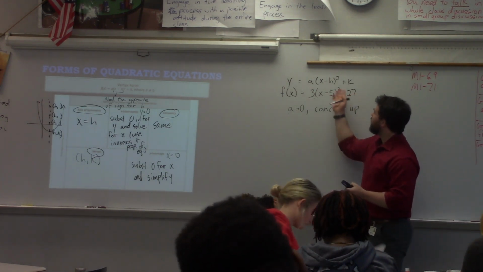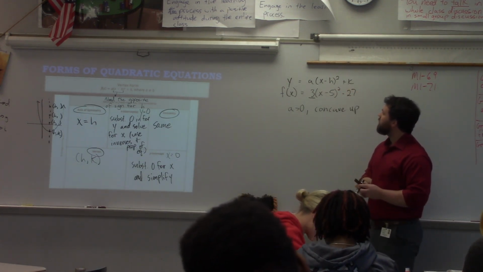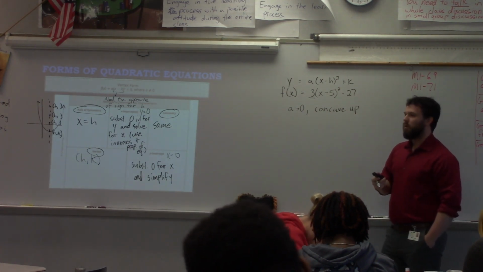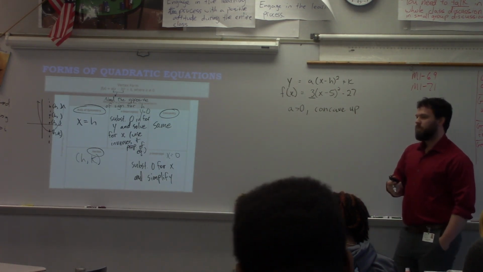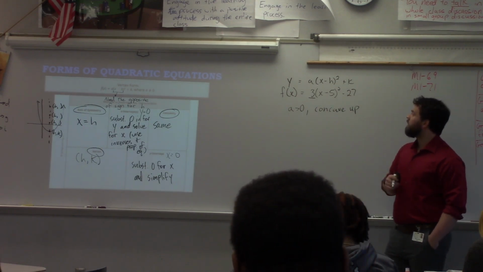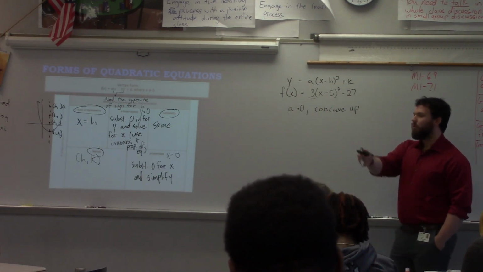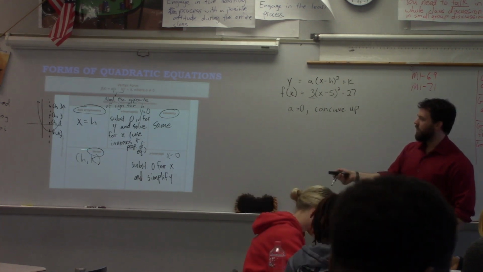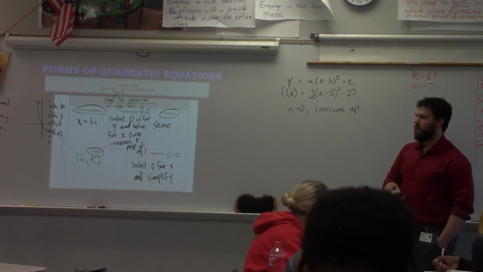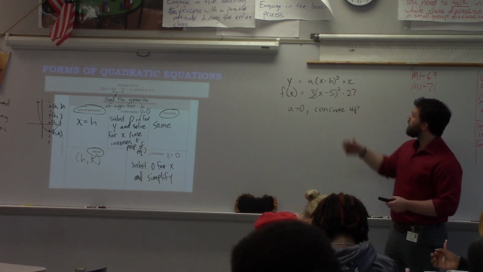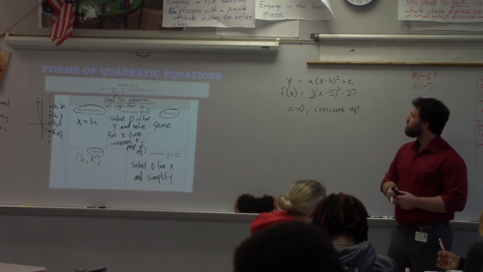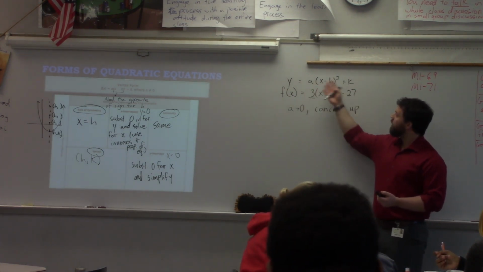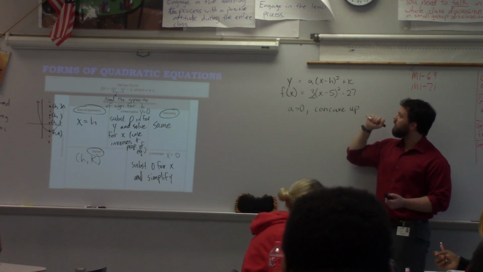Okay, so Desiree, look back again. Which of these values define the vertex, right? A was the concavity. The vertex comes from what? Okay, that's part of it. Look at what we've written for vertex here. What does it say? H and K, right? So what's my H? It's the x value of the vertex, but look right here. Where do we see H? What would the H be then?